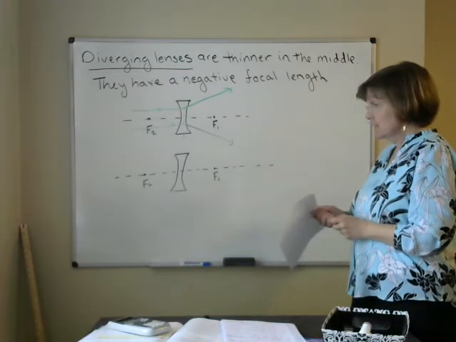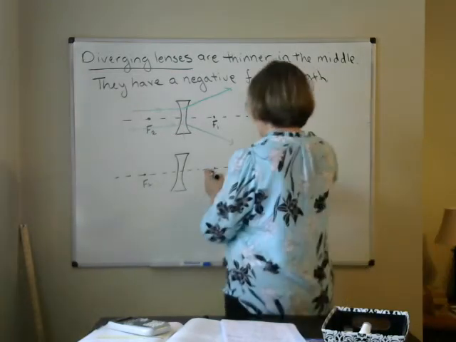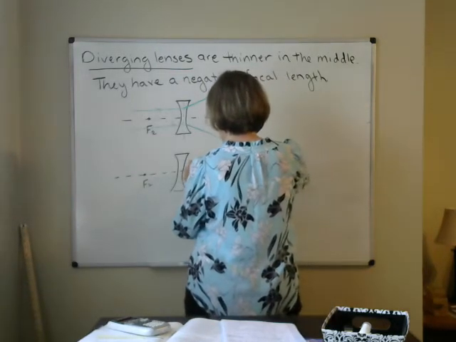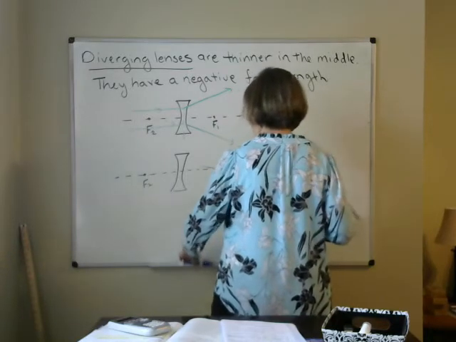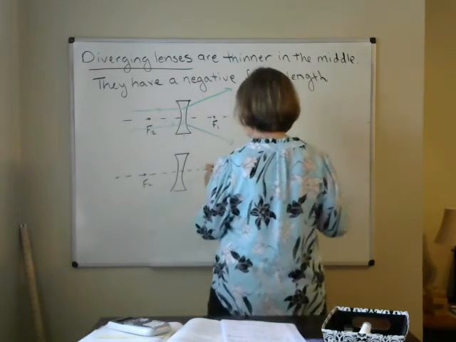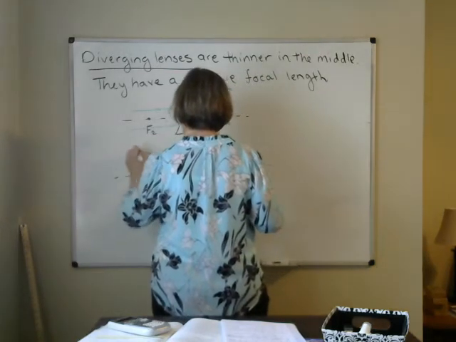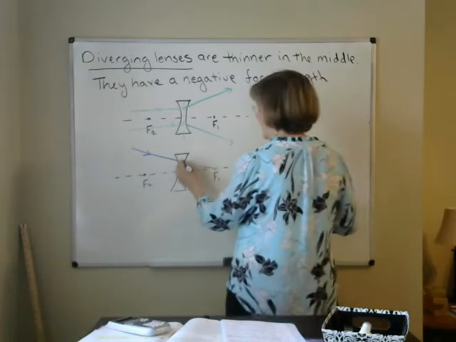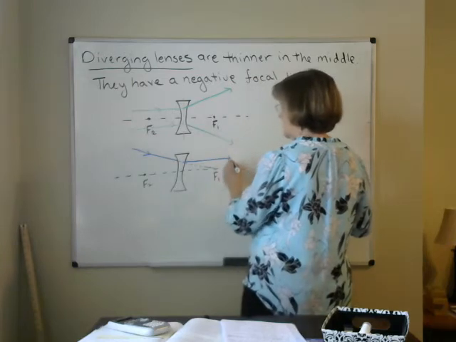Okay. So our second rule for image formation is that any rays that are headed directly towards this focal point, let's use a color for that. If I have a ray that was headed directly towards this focal point, it will refract in such a way that it goes parallel.